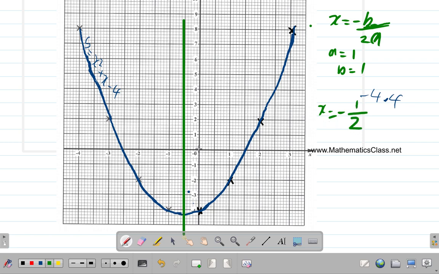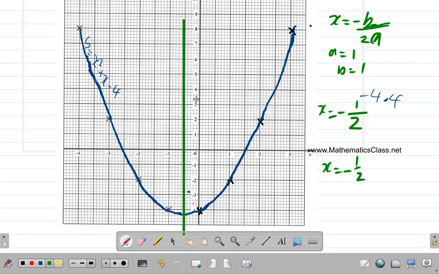You can't see the axis of symmetry at negative half on this graph, but the thing is now, we go and calculate the middle point, at x equal negative half.